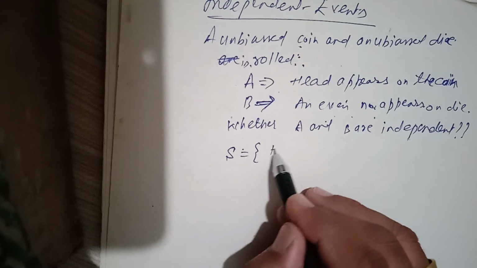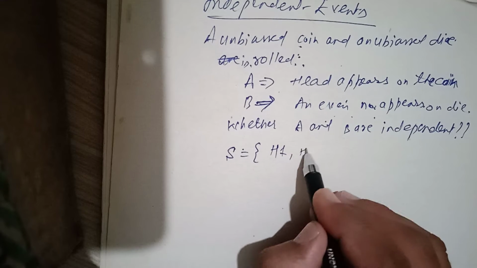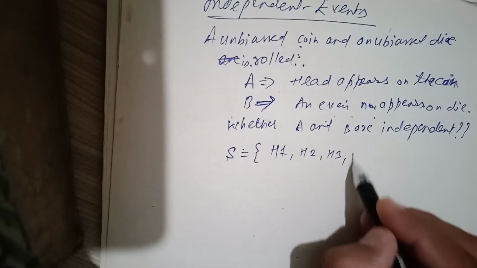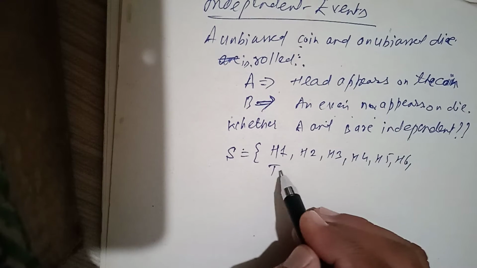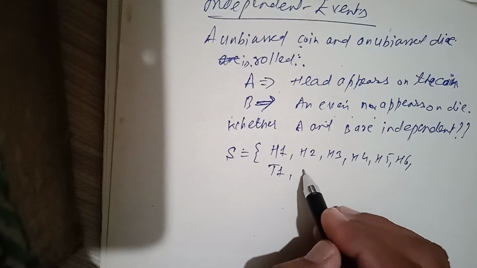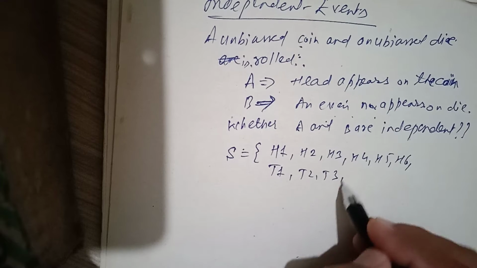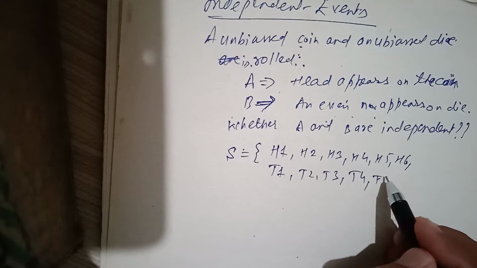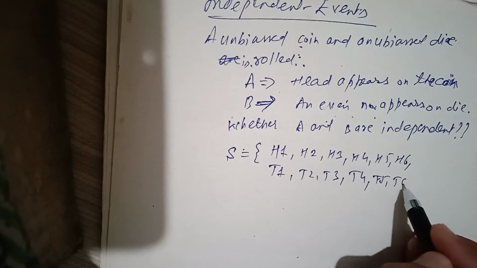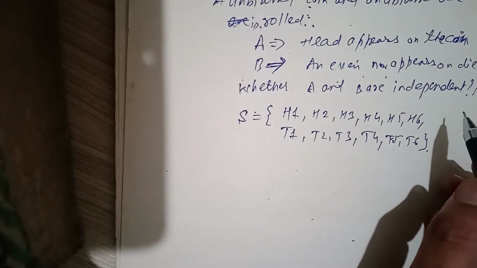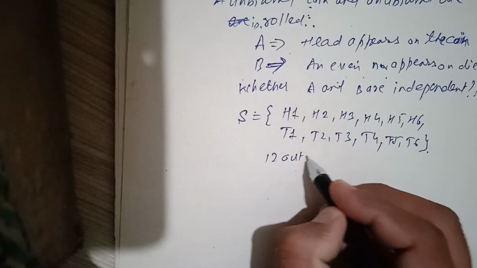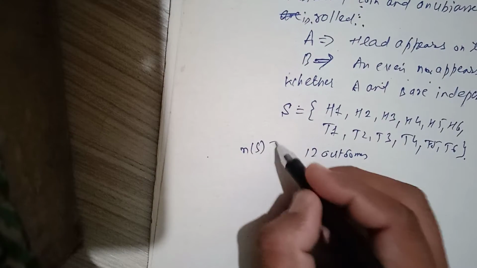If it is showing head, then head 1, head 2, head 3, head 4, head 5, head 6. If tail is shown, then tail 1, tail 2, tail 3, tail 4, tail 5, tail 6. Like this, we have got 12 outcomes. So n(S) is equal to 12.